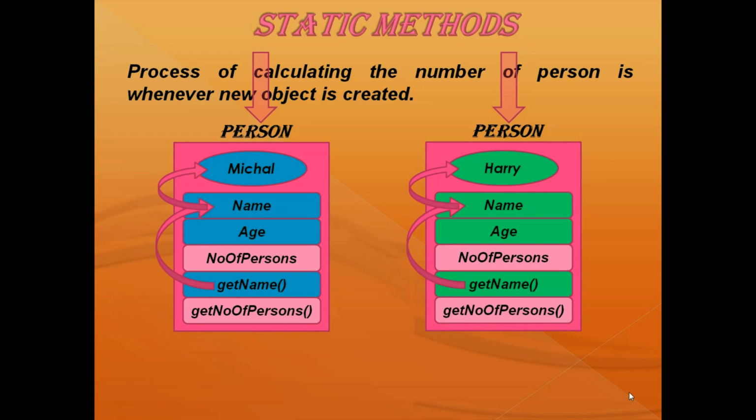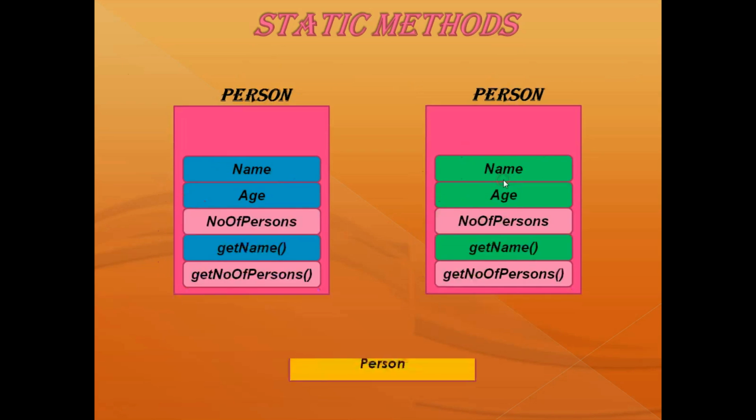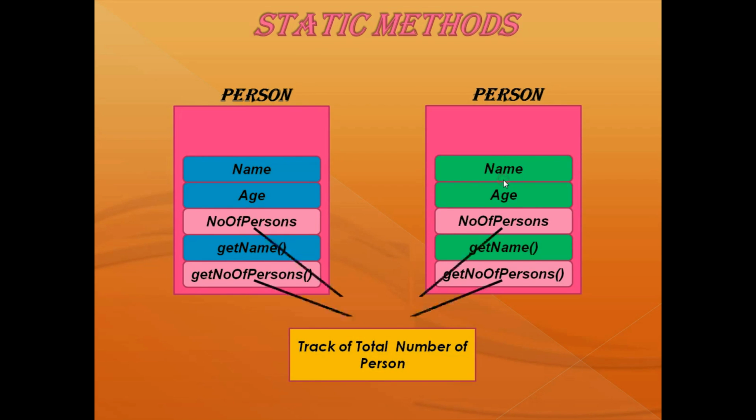So these three things, string name, age and the getName method, depend on the object. They vary based on the object. But to keep track of the number of persons, we need to perform a common operation.